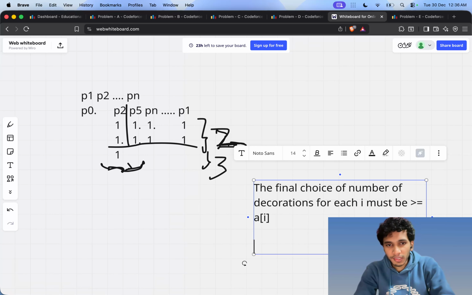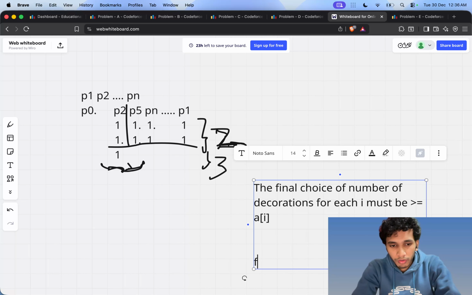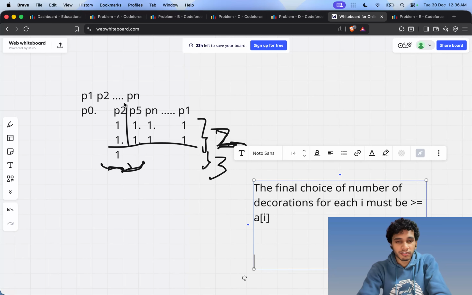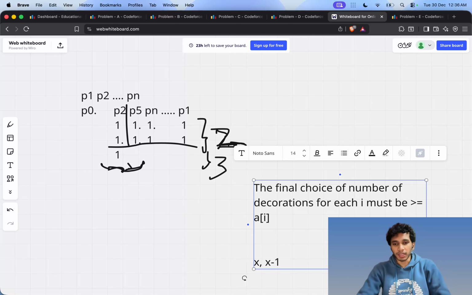And second observation, the possible number of decorations for every particular person will be x comma x minus 1.